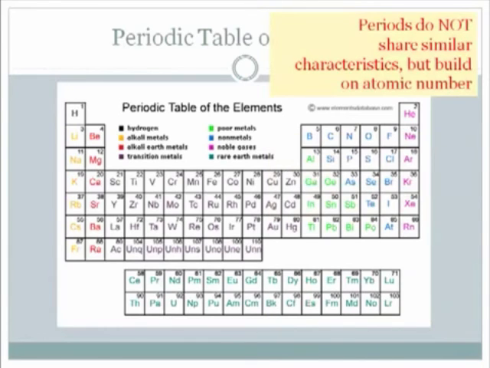The other organizational system that's invoked on here is the idea of periods. Now, periods do not share similar characteristics, but they actually build on atomic number. If you read the table from left to right, you can see that it goes up by number. Starting with hydrogen as 1, going all the way across the table is 2, and they left that huge gap because even though that's how their atomic number is set up, hydrogen and helium really don't share anything in common other than the fact that they're a gas.